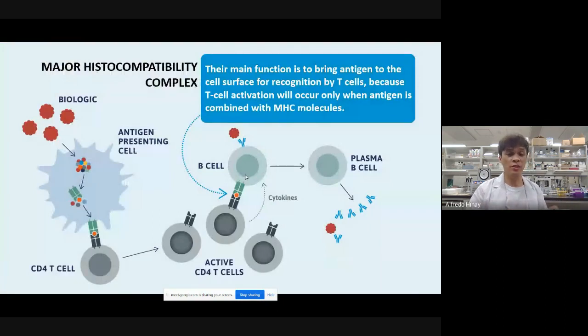If you can observe here, this is the interaction of your innate and adaptive immunity. So we need to identify first, class: where is the innate here, and where is the adaptive?